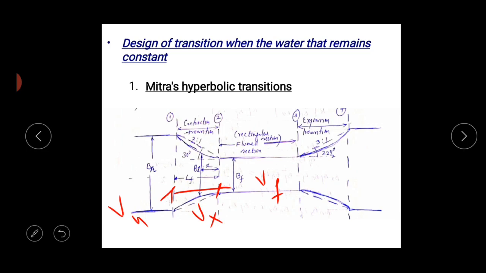Next, the transition is designed on the basis that the rate of change of velocity per unit length of transition is constant throughout the length of transition.